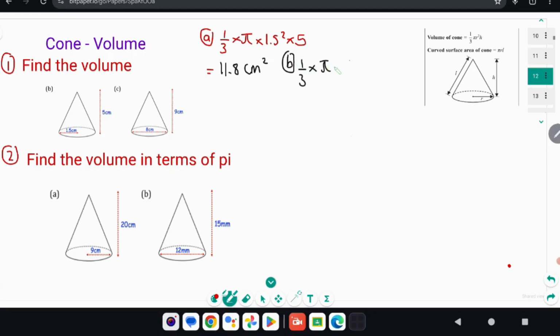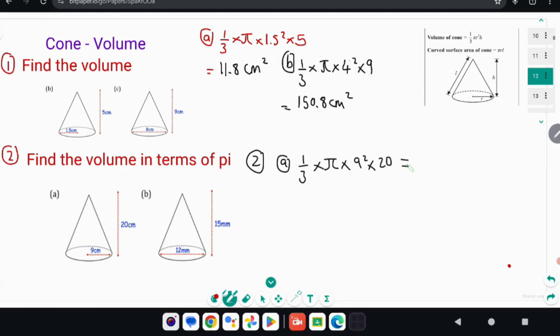Part B, 1/3 times pi times, we've got the diameter here, we need the radius. 150.8 centimetres cubed. 2a, to find it in terms of pi, you work out the rest, ignoring the pi, and then pop the pi at the end.